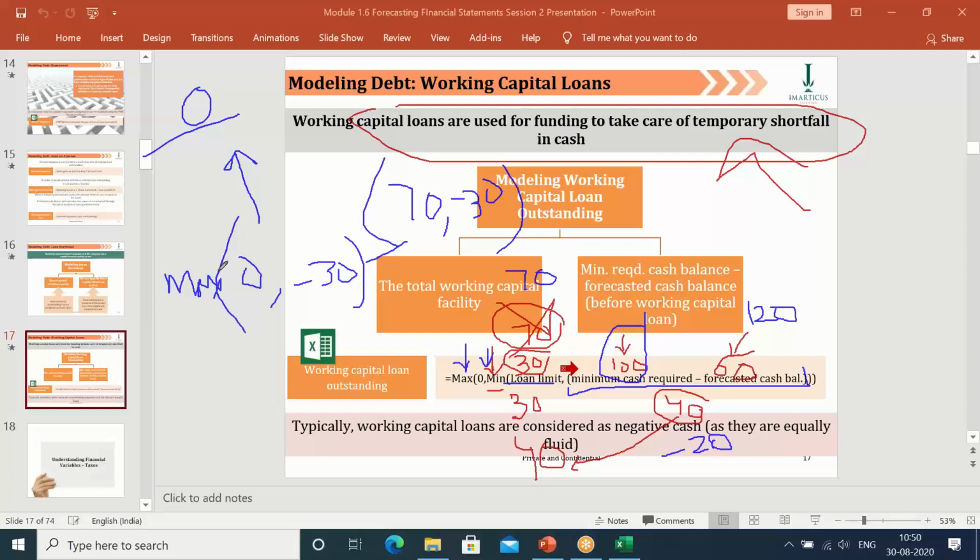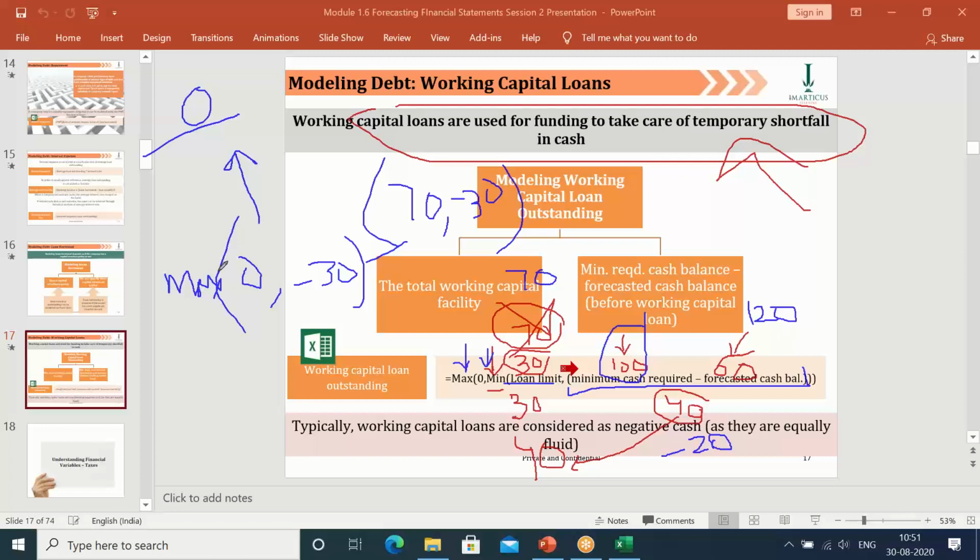This is the way this entire formula will work. I didn't get it, last one. So मेरा अगर minus 30 है, I can't have a minus figure for the loan. I have to take the loan from the bank. Minus 30 means I am giving loan to the bank. तो उस minus 30 को मुझे actually zeroize करना है.